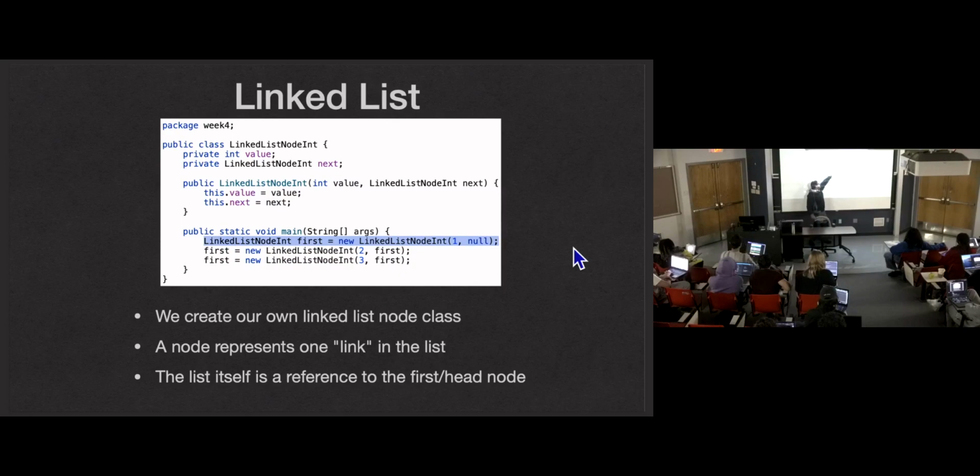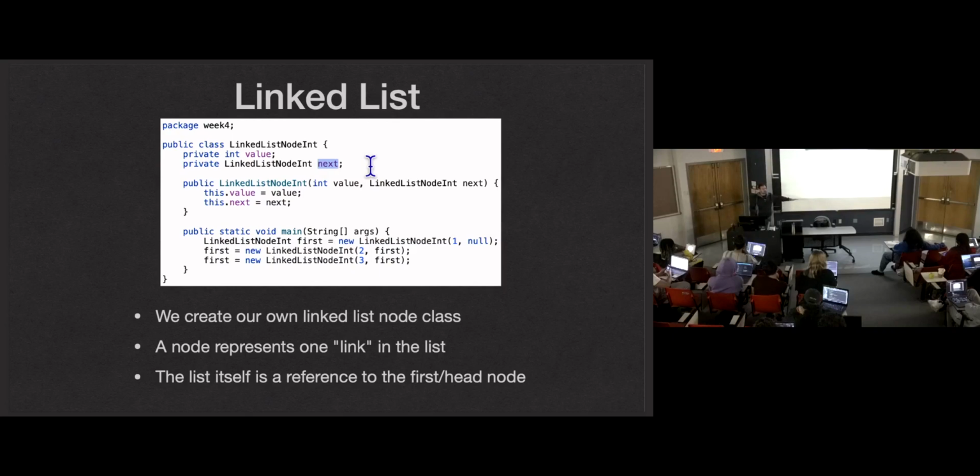So we're going to create a variable named first of type LinkedListNode<Integer> that's going to store a reference to a linked list node, which is going to store our list itself. We would think of this as storing our entire list, but it's actually just a reference to the first node in the list. Through that first node, we can find the rest of the list by going .next, .next, .next, .next, until next is null.